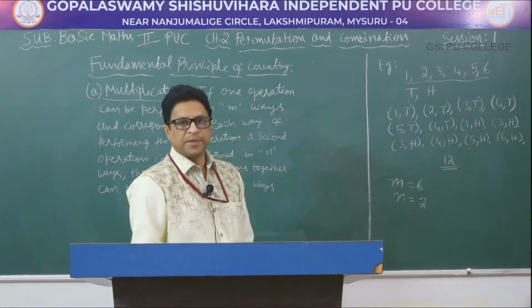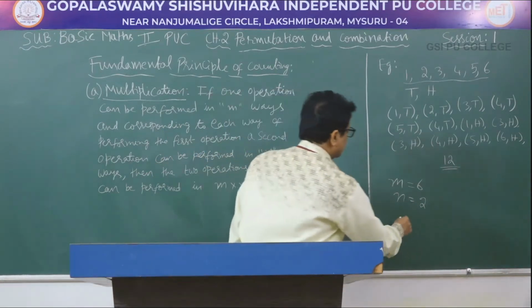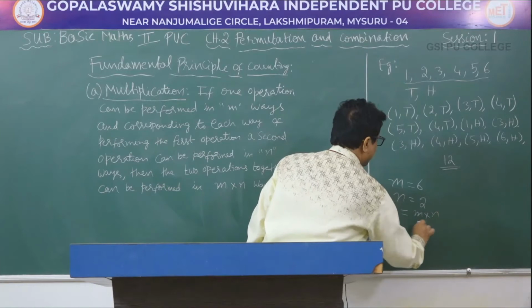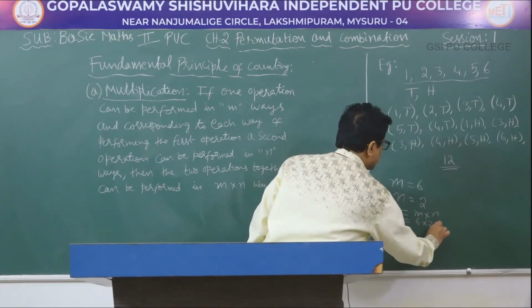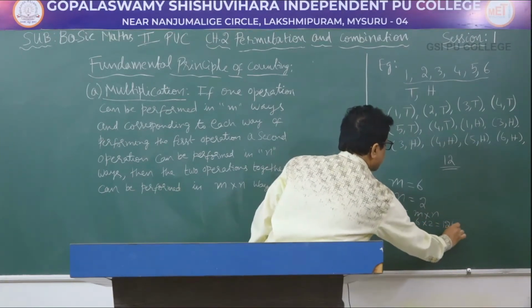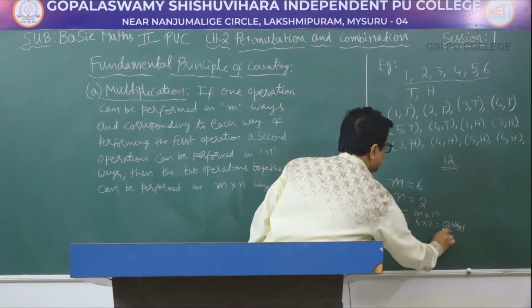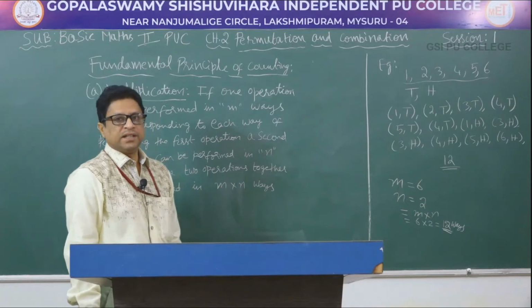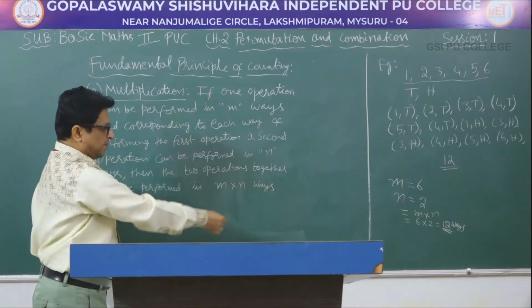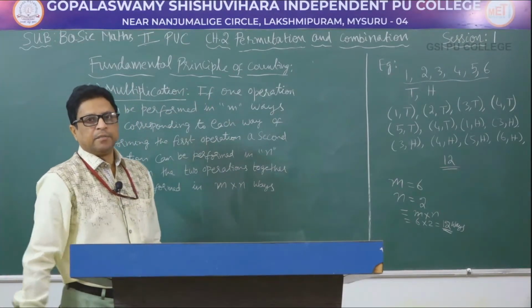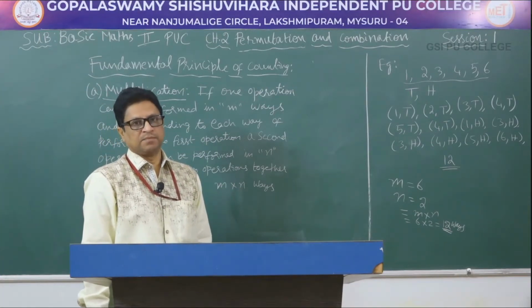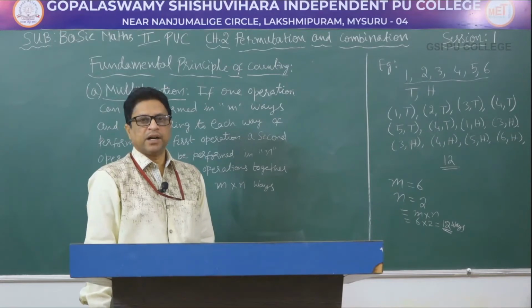Therefore, by fundamental principle of counting, the number of arrangements will be m into n, which is equal to 6 into 2, that is 12 ways. So, by using the fundamental principle of counting, we can directly find the total number of outcomes or the total number of arrangements.